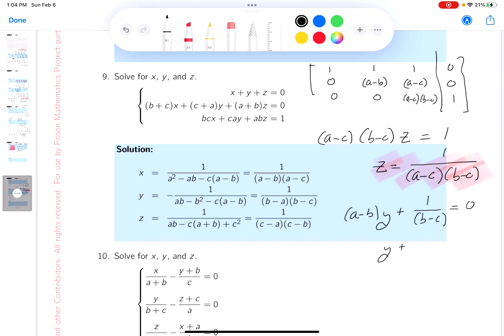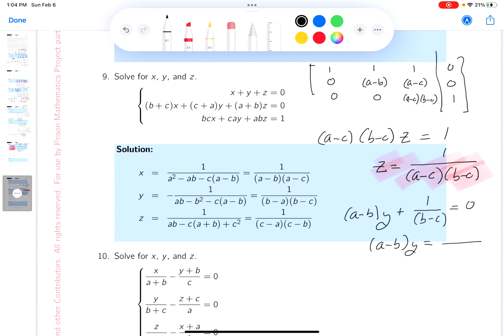What's it going to be? Whoops, I didn't mean to do that. We'll check the key later. Y, oh boy, I got to make a mistake again. So let me write, maybe I should go in steps. A minus B, Y equals, well, I got to subtract that from both sides, right?